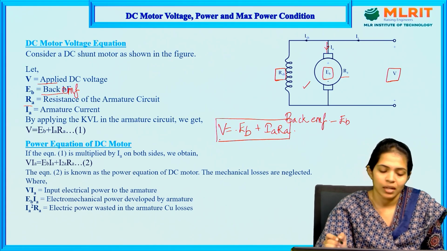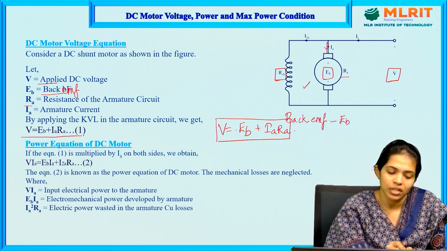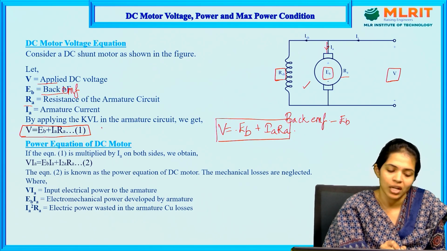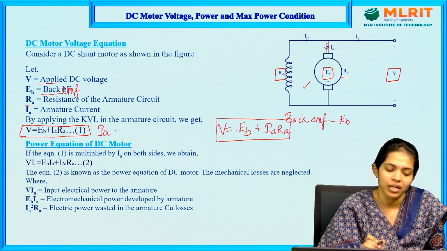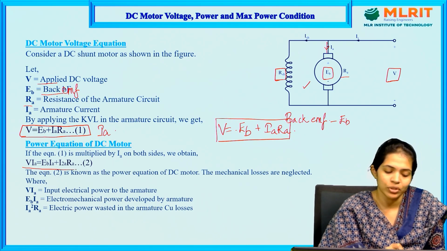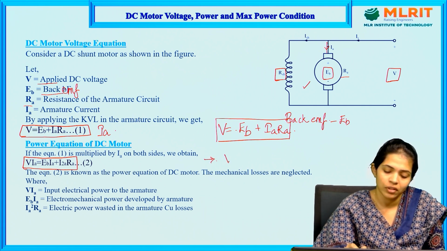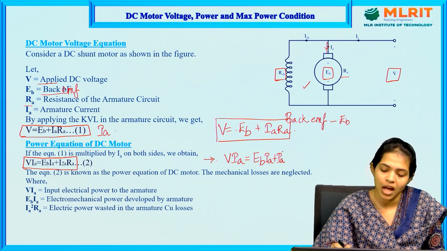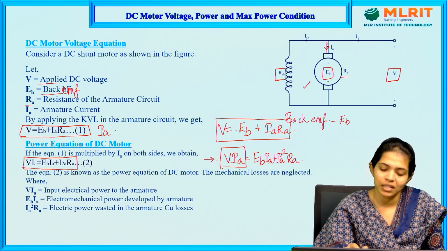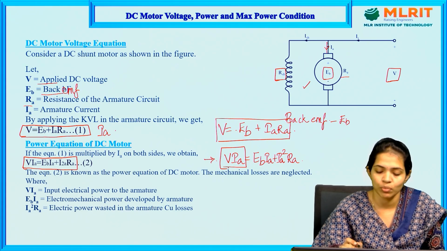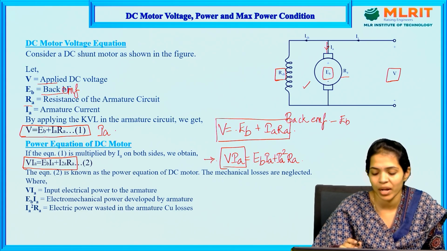When we multiply this equation with IA, that is the armature current, we get the power equation for the motor. So the power equation for the motor will be V into IA, which equals EB into IA plus IA square RA. V into IA is the electrical input given to the motor, or the electrical power applied to the motor.